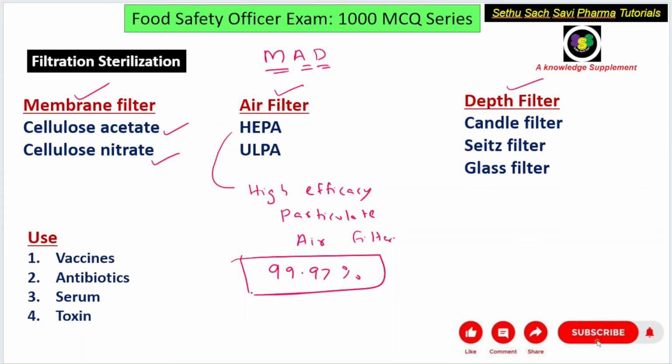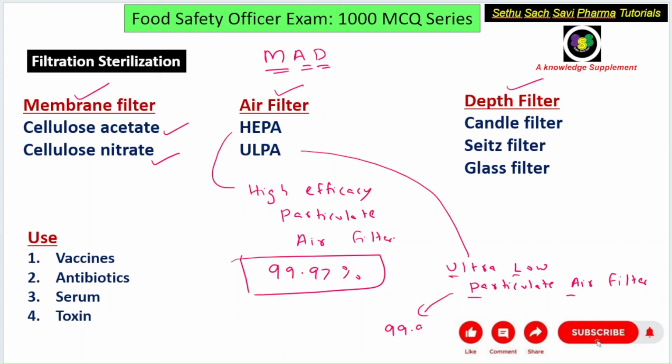Now what is ULPA? ULPA is ultra low particulate air filter. Its efficiency is more than HEPA, it is 99.99%. ULPA and HEPA are air filters.